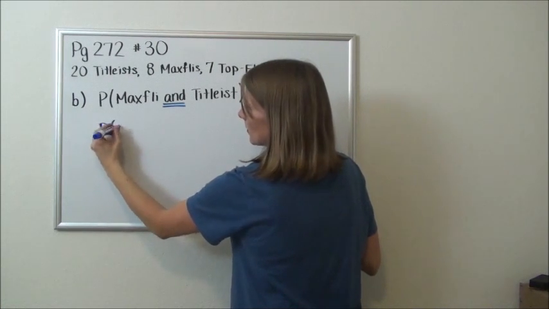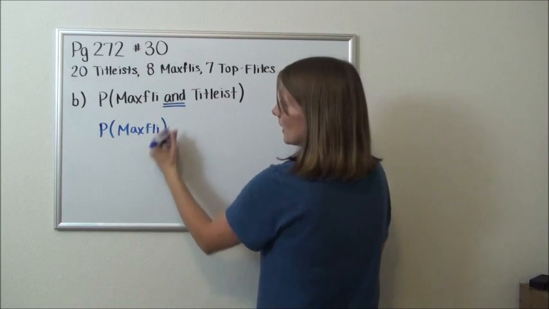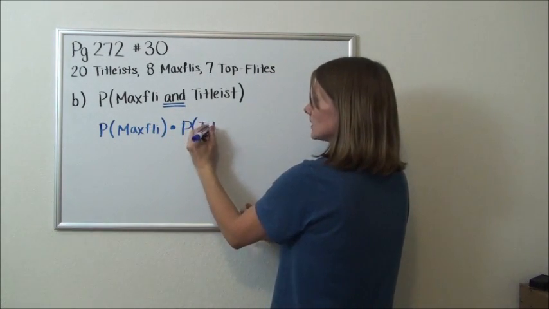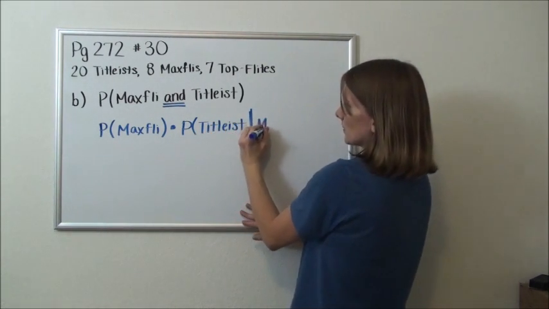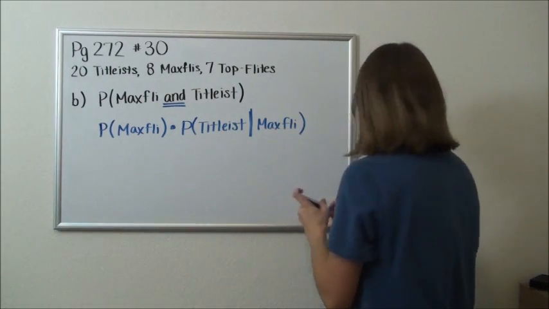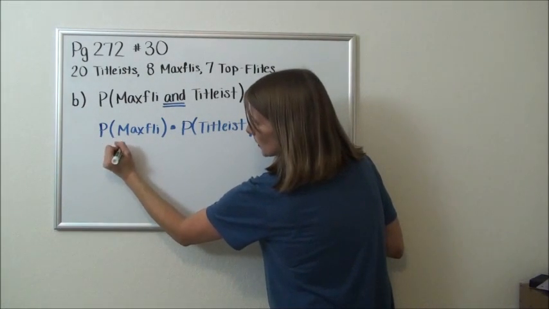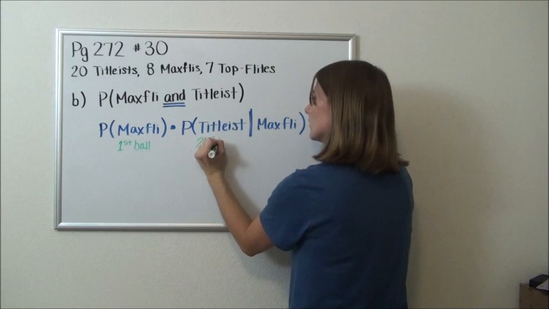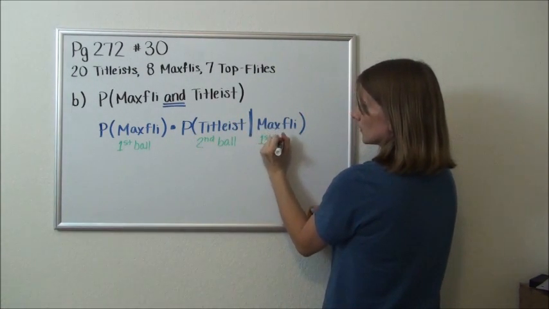So I'm looking at the probability that the first ball I take out of the bag is a Max Fly times the probability that the second ball is a Titleist, given that the first one was a Max Fly to begin with. So again, if you want, you can say this was the first ball taken from the bag, here's the second one, given that the first one was already drawn.